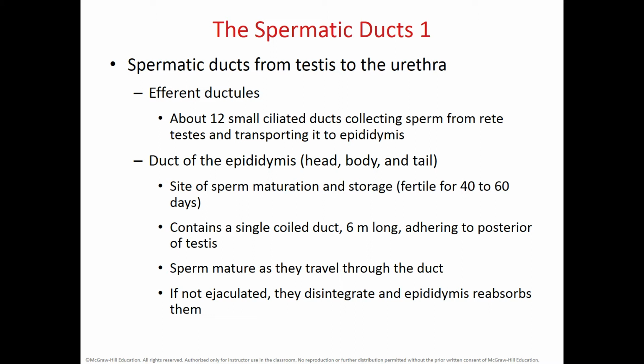Now, in the epididymis, when you have this maturation of the sperm, it will take between 40 to 60 days to happen. And the sperm, if it's not ejaculated, is going to be reabsorbed within the epididymis and nothing happens.